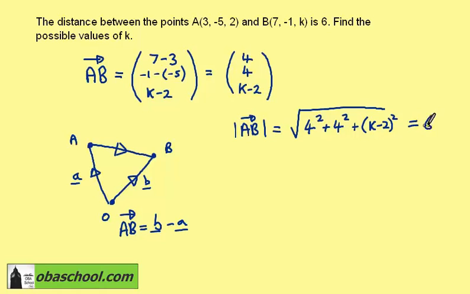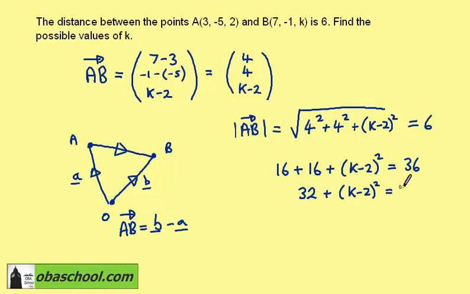And this gives us 6, since we're told the distance from A to B is 6. Therefore 16 plus 16 plus (k - 2) squared must be equal to 36. So 32 plus (k - 2) squared equals 36.